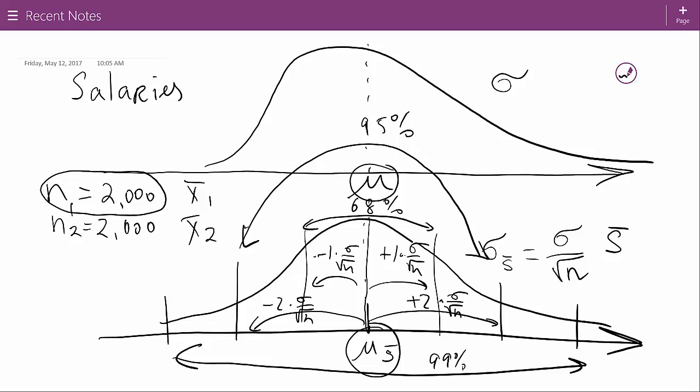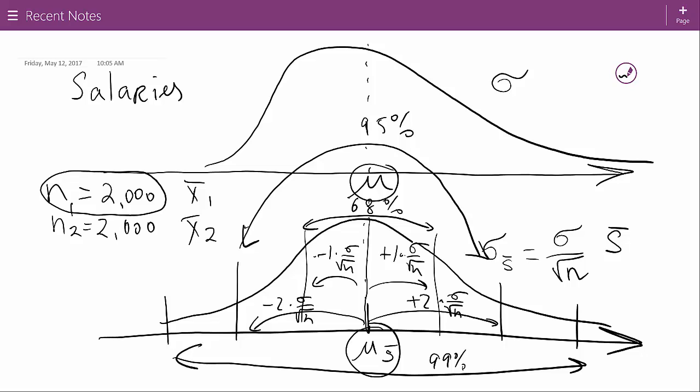Okay? So essentially, I have to decide how confident I want to be. Let's say, for example, I want to be 90% confident. That means I want to cover an area wide enough to include 90% of all possible x bars. If I want to be 95% confident, then roughly speaking, I have to go to the right and to the left about 2 standard deviations, because that covers the area of 95%.